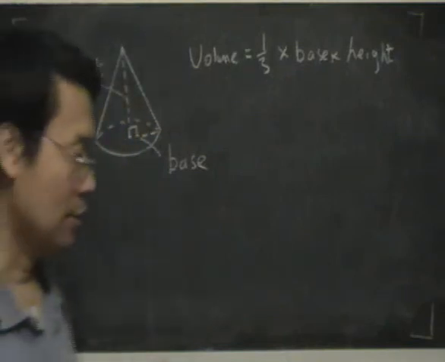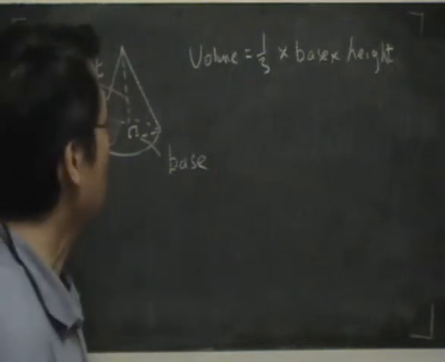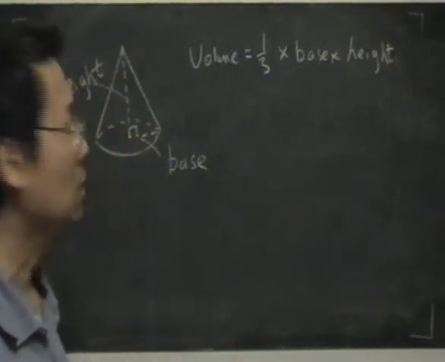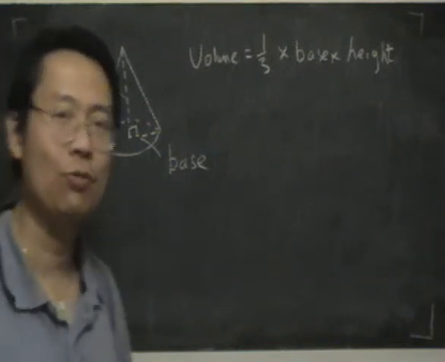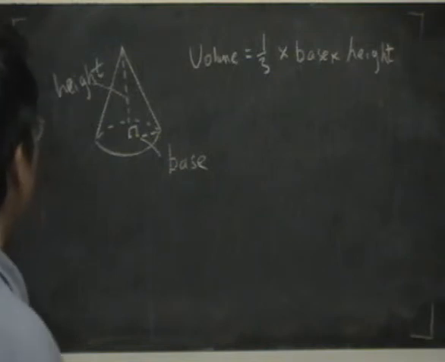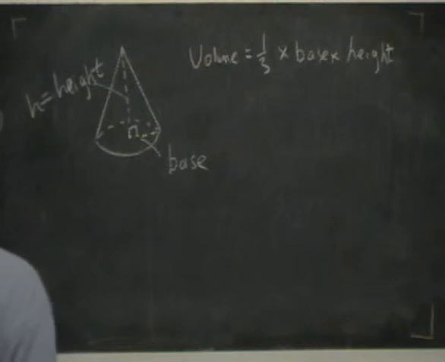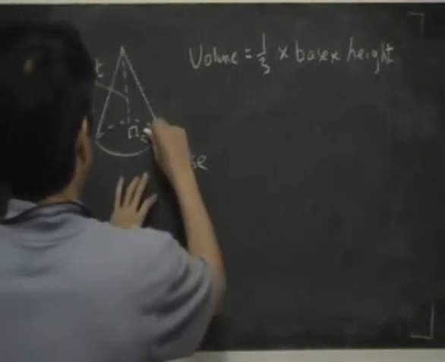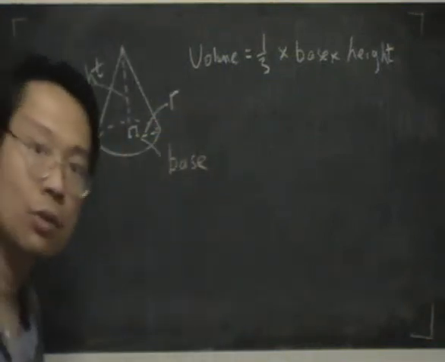Now again, it is convenient sometimes to have an algebra formula. It's convenient to have the formula in terms of symbols, right? Okay, so height would be h. Now the base is a circle, so let's say r is the radius of the circle.